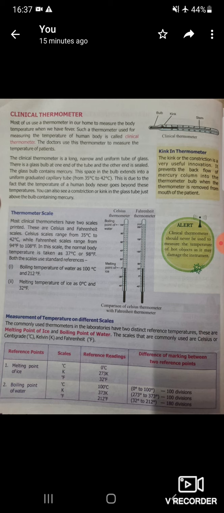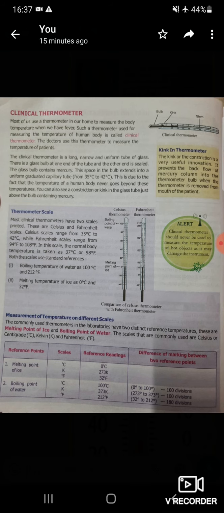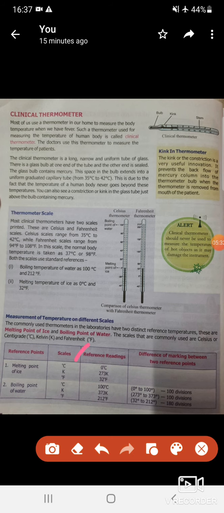The scales that are commonly used are Celsius, centigrade you can call it, Kelvin and Fahrenheit, right? So C, K, F, I think you came to know what C, K and F stand for. C is for Celsius, K is for Kelvin, F is for Fahrenheit, and these are the references.